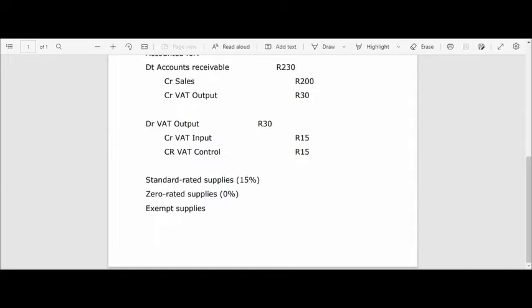Quite correct, spot on. Next year, you'll see the way that we disclose it, we're going to disclose it as current tax payable, value added tax, right? So if we have a credit balance in our VAT control account, we're going to disclose it under our current liabilities as current tax payable, or value added tax.